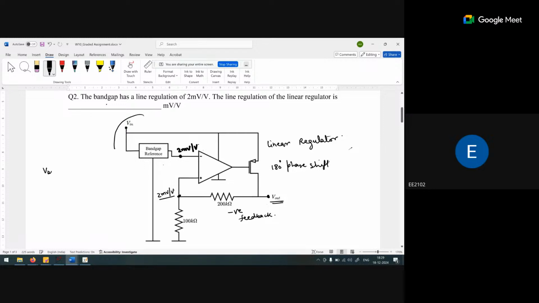So V in is equal to V out multiplied by the voltage drop across this resistor, 100K, divided by the addition of these two.